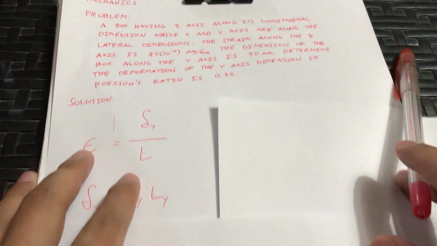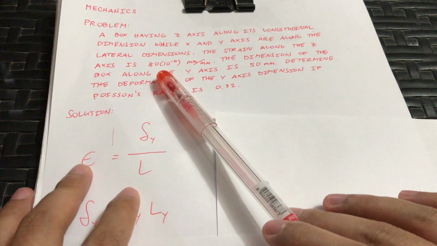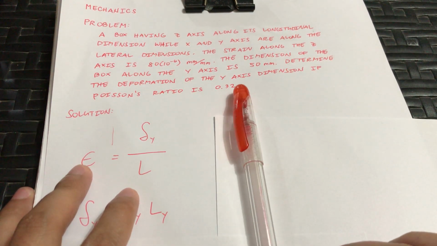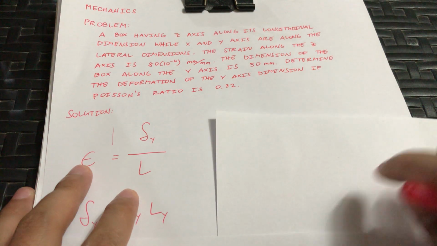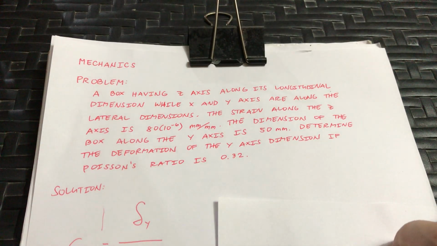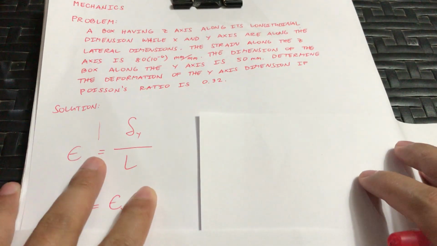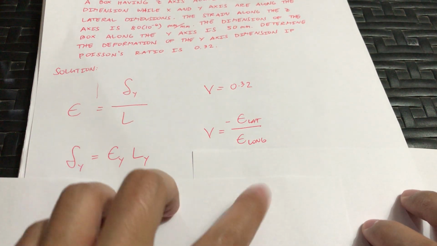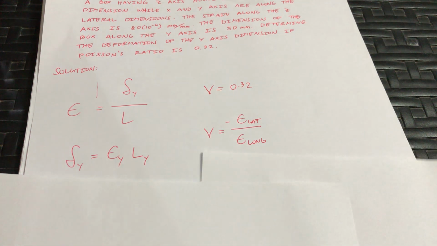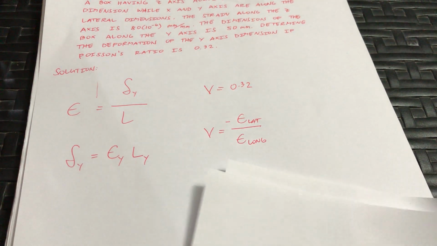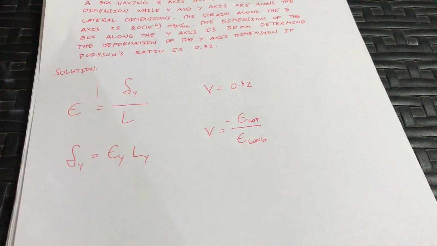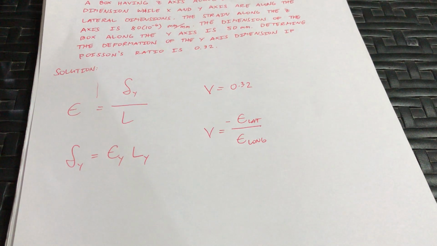Now we are given the strain along the z-axis. We are also given Poisson's ratio, which is 0.32. And from our module, the formula for Poisson's ratio is the strain along the lateral dimension over the strain along the longitudinal dimension.